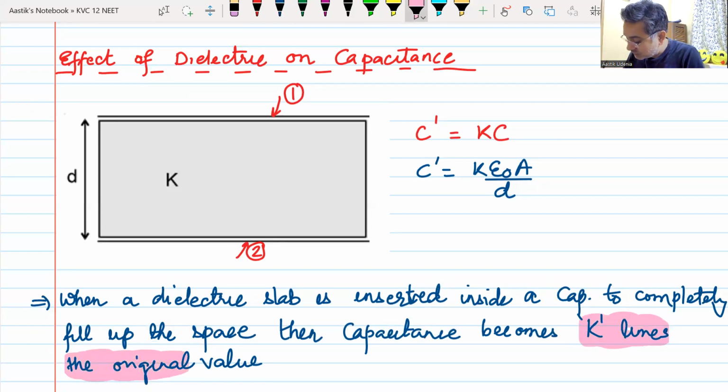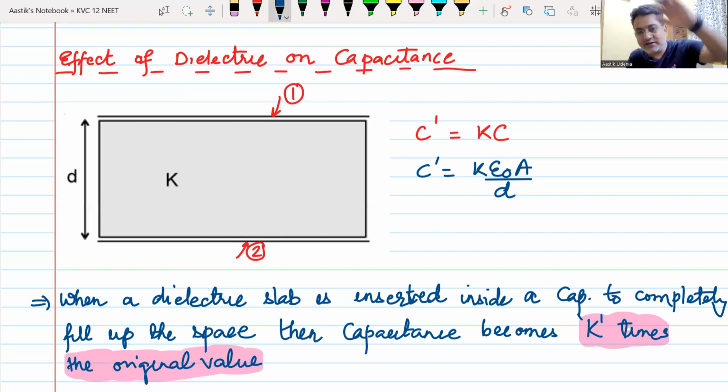We have solved questions on this when the capacitor was completely filled up with oil, dielectric constant, and we have done questions on this. Yes or no? Yes, sir. So now we are going to understand the concept again with some more variations of the question. What is the effect of dielectric on capacitance?